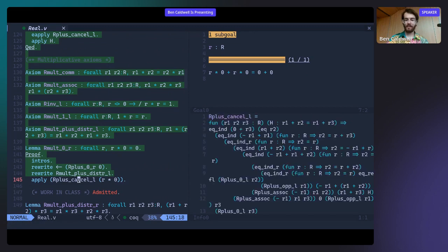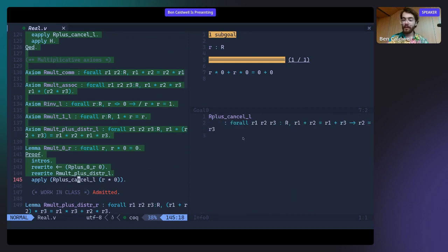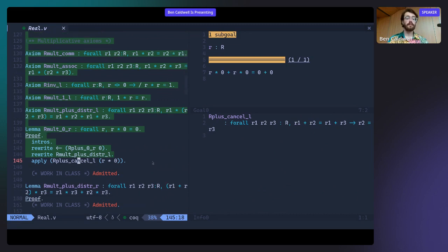Okay. One step back. One step back, okay. We want to use 0 is equal to minus 0, or we distribute, 0 is equal to minus 0.